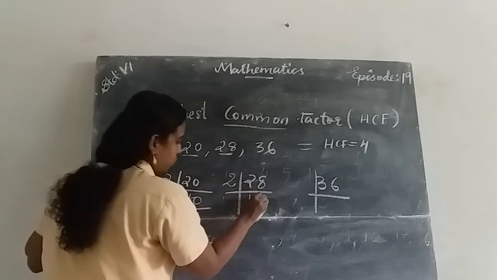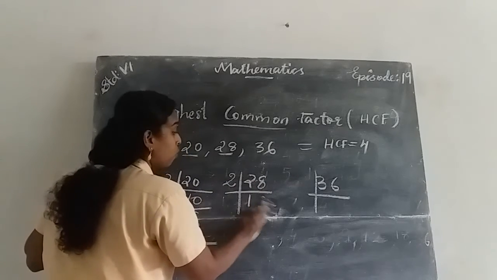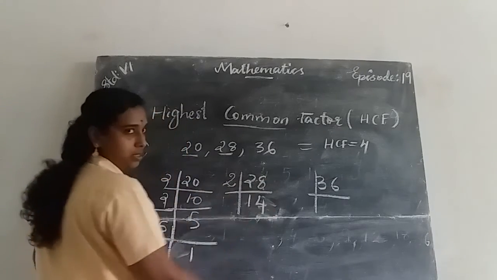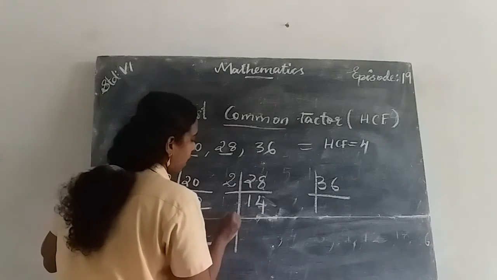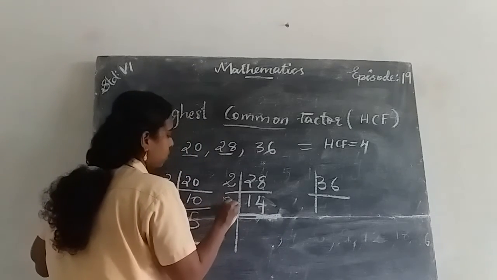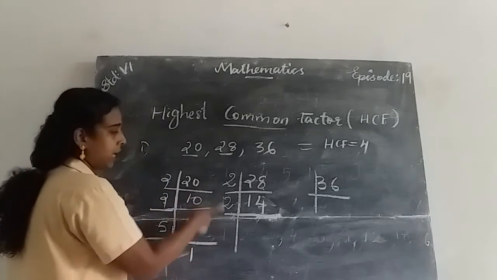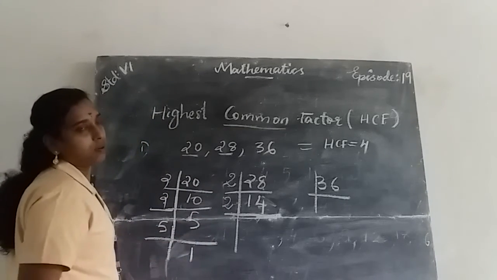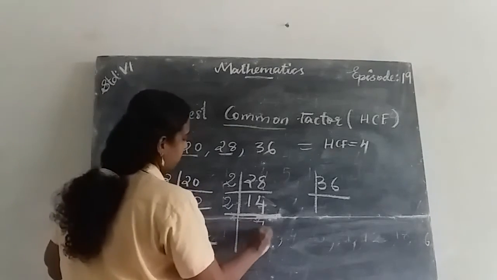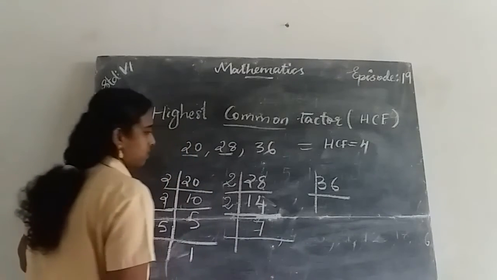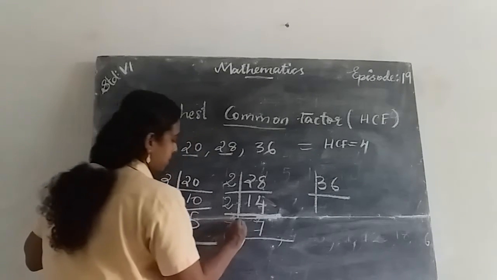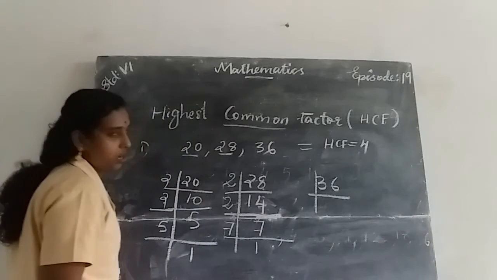Then 8. 2 2s are 4, 4 2s are 8. Then 14 is also an even number, so it is divisible by 2. If we take only prime numbers, okay, so 7 2s are 14. So 7 is only divisible by the prime number 7, then we get 1.